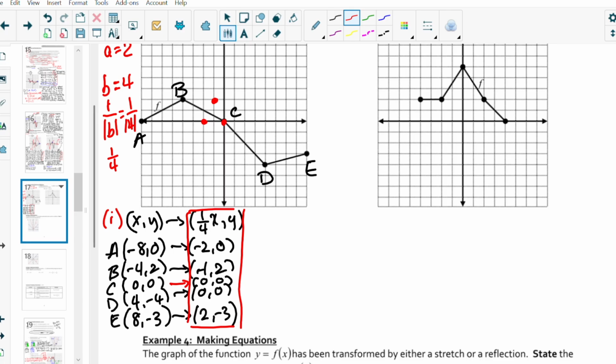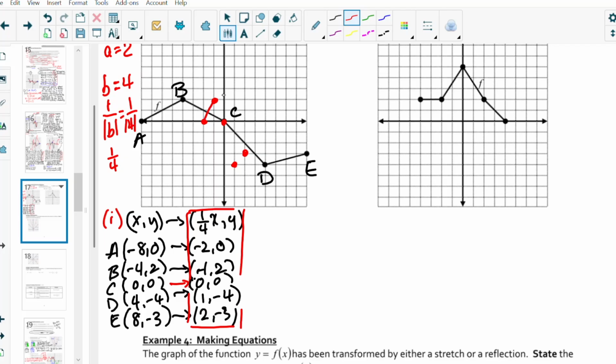So 0, 0. Oh, man. Let me fix that. All of that. Okay, this one is 0, 0. This one is 1, negative 4. Okay, there we go. 0, 0, 1, negative 4, and 2, negative 6. Oh, sorry, 2, negative 3. Okay, so 2, negative 3.